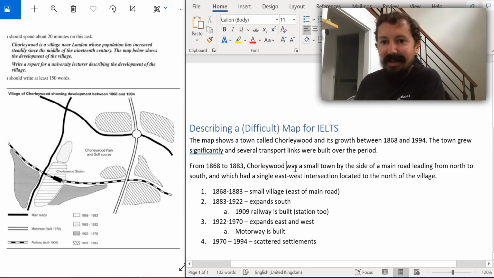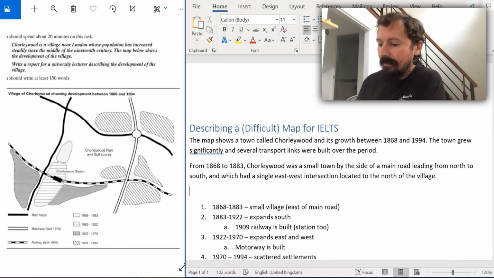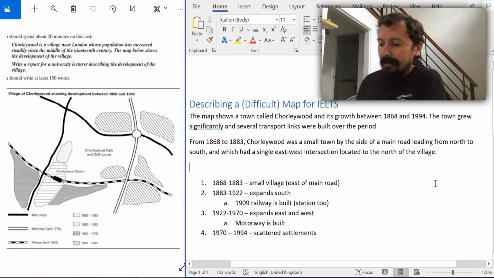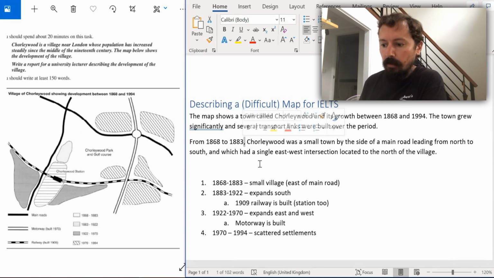Always check your answers for spelling mistakes in case you're typing too fast like me. So I've written the years first, from, to, and then we can have a comma after this. Always put a comma after an introductory or transitional phrase. That's an important grammar rule.